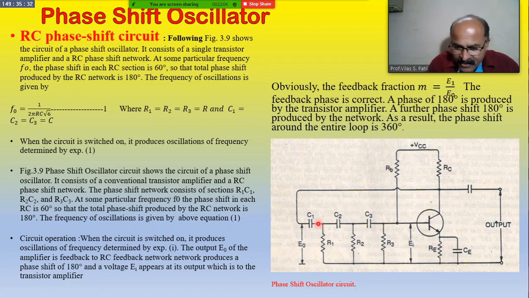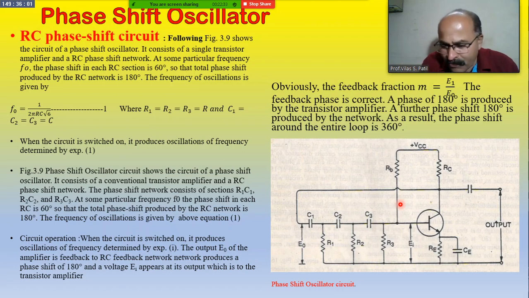Again, C1 plays the role of the input capacitor, and the output capacitor plays the role of the coupling capacitor. So the assembly of the common emitter transistor amplifier is here, and the second part, the transistor amplifier, is fulfilled.